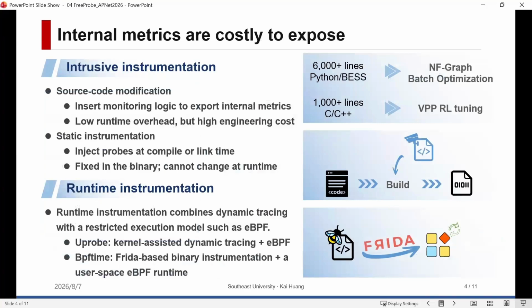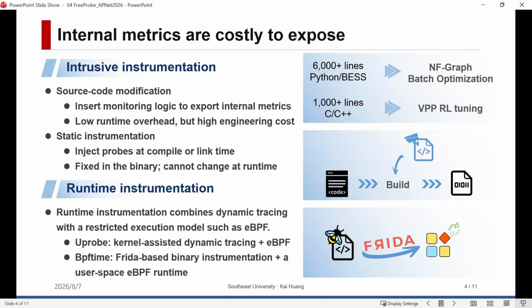There are two common ways to obtain internal metrics. Static instrumentation runs inline and is fast, but it requires source changes, rebuilding, and substantial engineering effort.